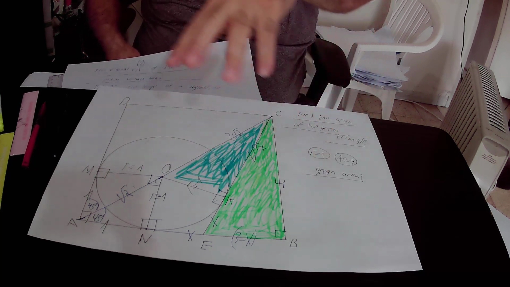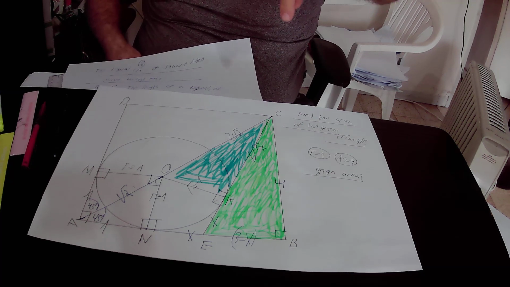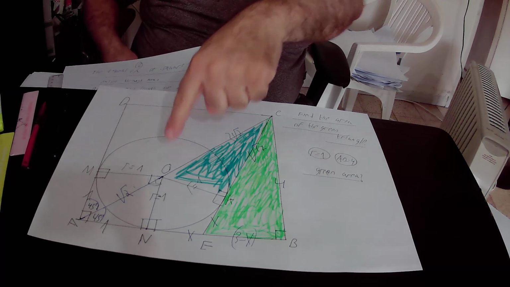But because those two angles are equal to each other, we conclude that the diagonal CA passes through point O.